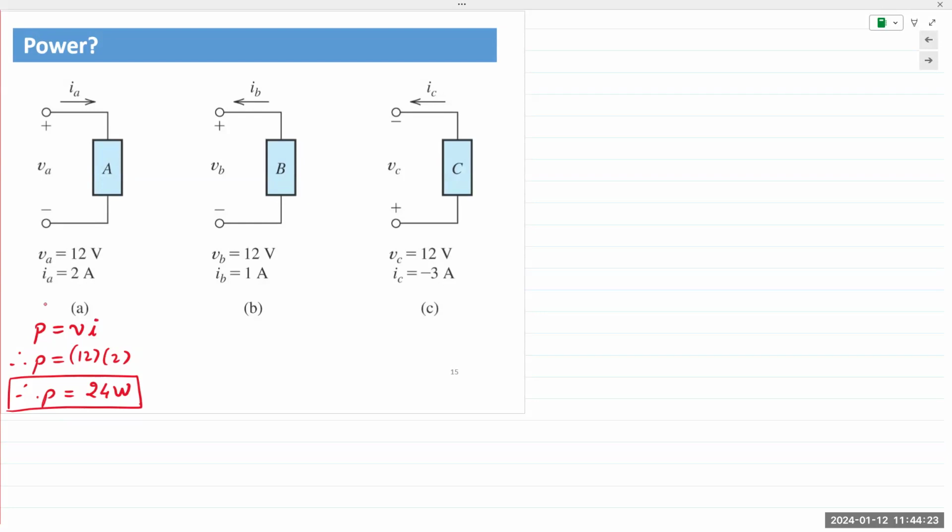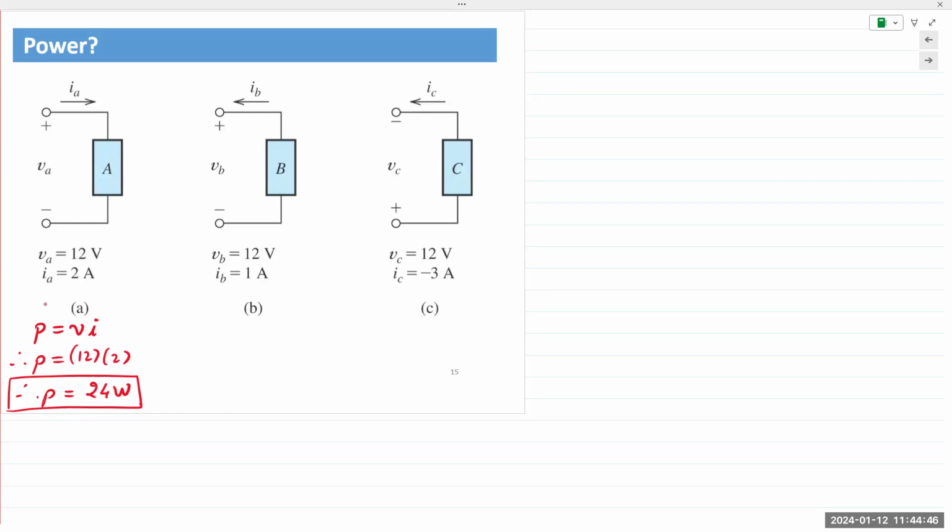Oh, here, because we are referencing the name of that element. Good question. The question being asked is why is there only one subscript? VA is simply referring to the voltage for the element A, and the plus and minus sign is always already given to us. So we don't really care about the second subscript.